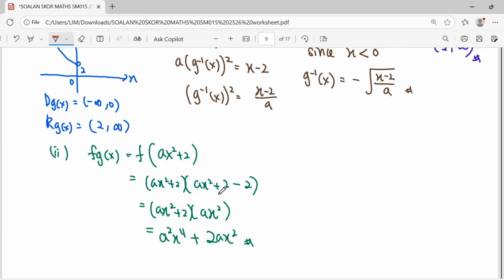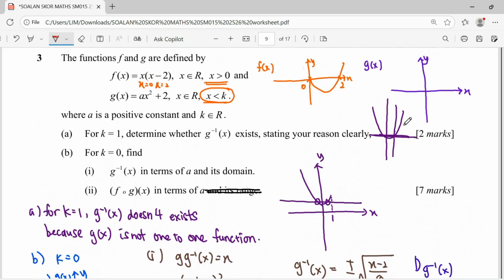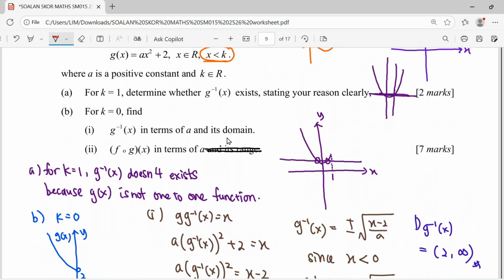Now we see how to score these questions. From the first part, 2 marks, determine whether g inverse exists or not. So our answer: g inverse does not exist, and then give your reason clearly because it is not a one-to-one function.